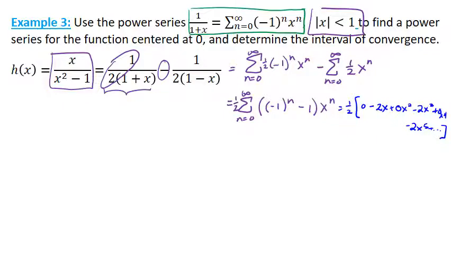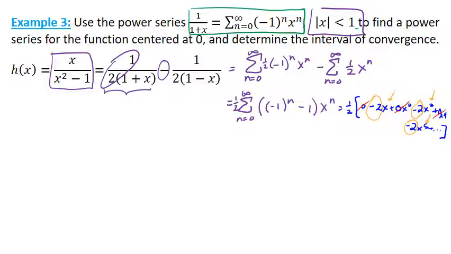Okay, so a couple things stand out to me. One thing is that my coefficient is always -2, and that occurs on the odd exponents. The even exponents are always 0. Those all cancel out.